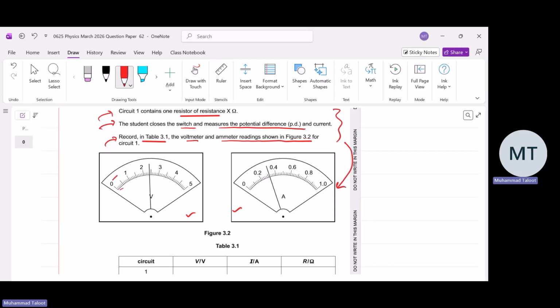So my dear students, here we have 10 divisions, and the gap is 1. So one small division is equal to 0.1 here.